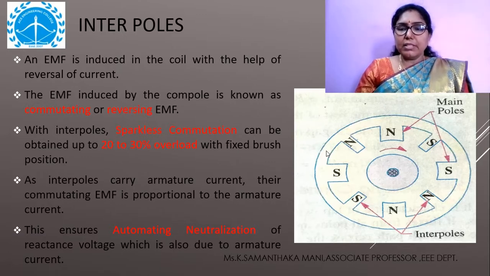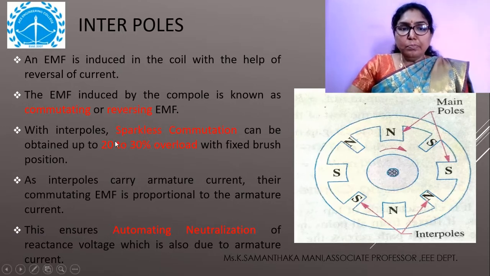Sometimes it is also called a reversing EMF, because whatever EMF is induced in the short-circuited coil during the process of commutation, we are producing a reversing EMF against it.